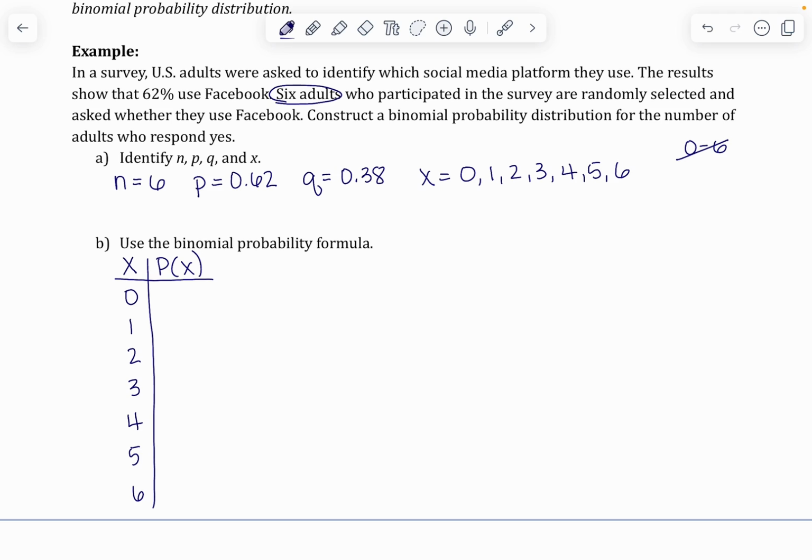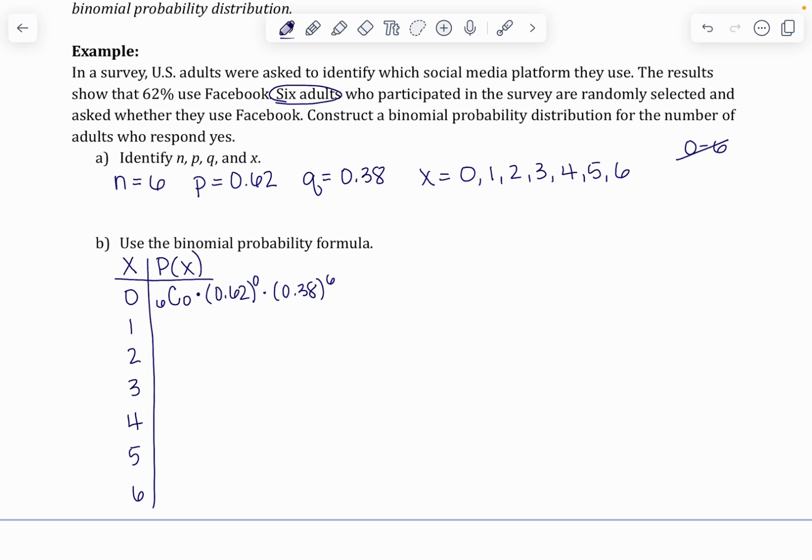And then we're going to plug in what we know into our binomial probability formula. So our N is 6, combination 0, times 0.62 to the 0 power, times 0.38 to the 6th power.